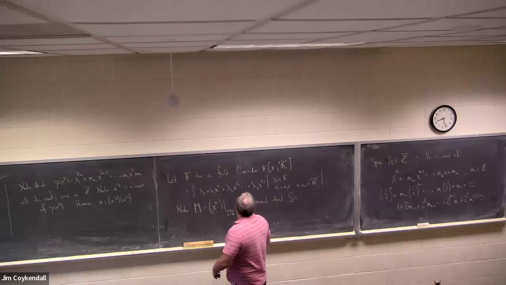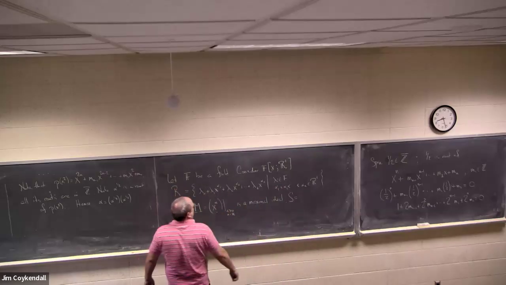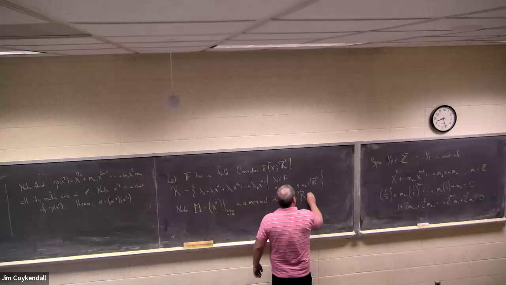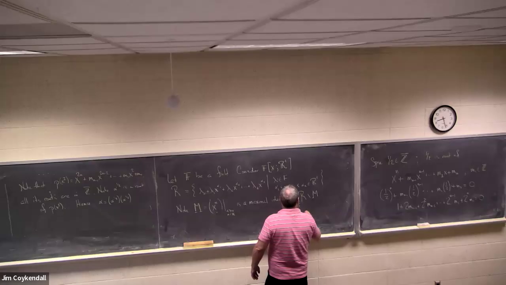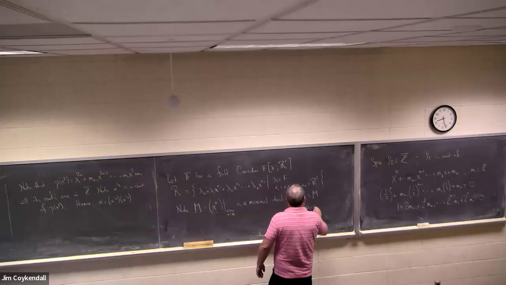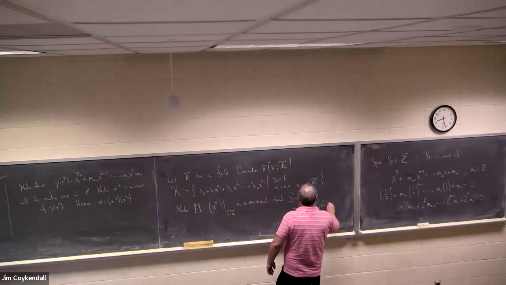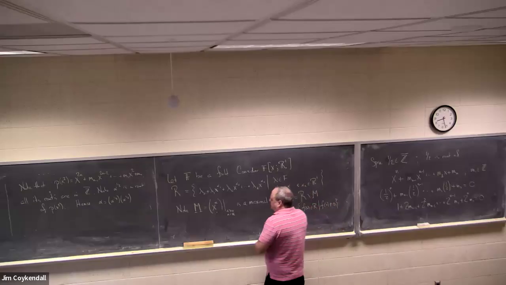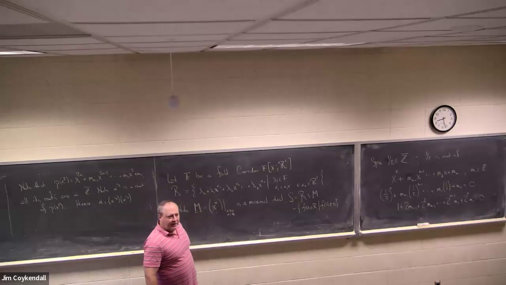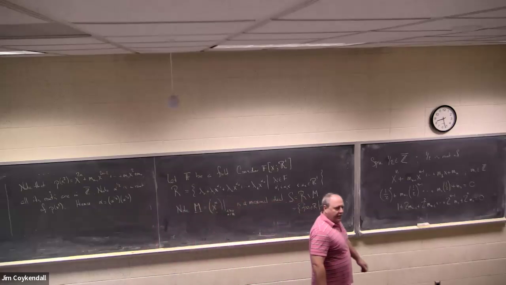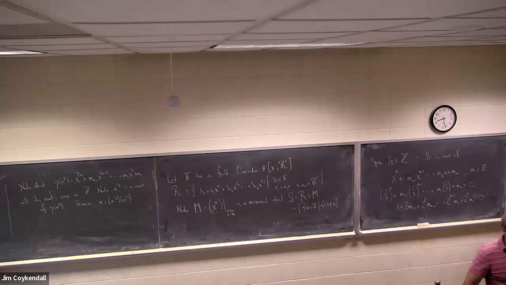Its complement, I should have called this something, I'll call it R. This is the set of all f of x in R such that f of 0 is not 0. So it's everything where the constant term is not 0. Notice that this forms a multiplicatively closed set, because whenever you multiply two of these polynomials with non-zero constant terms, the product still has a non-zero constant term.